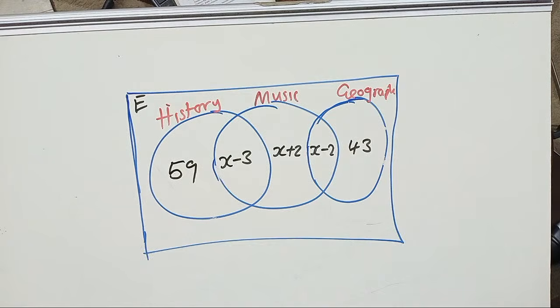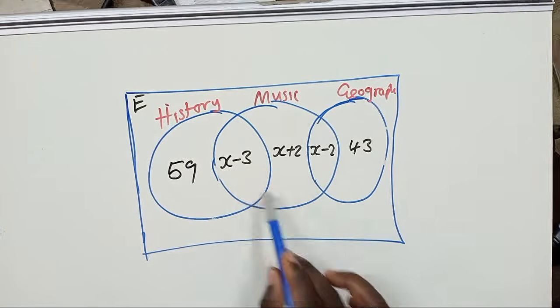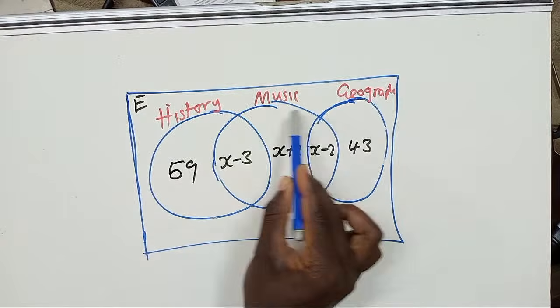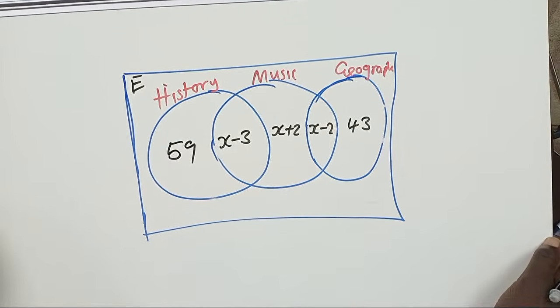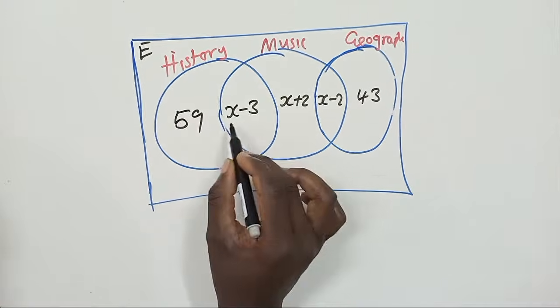So 12 learners took music, find the value of what? Of x. Where is music? Music is right here. This is representing music. So when you want to find the value of x, you just get what is inside music.